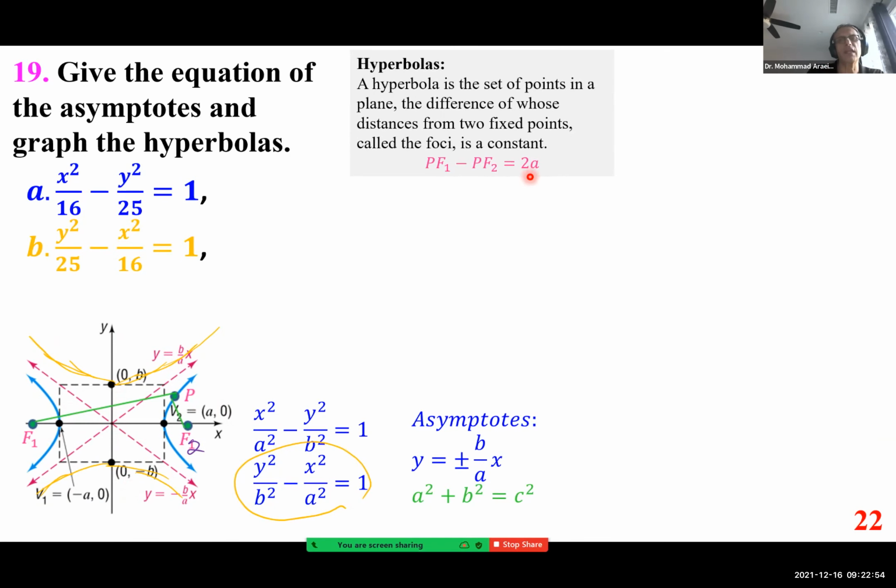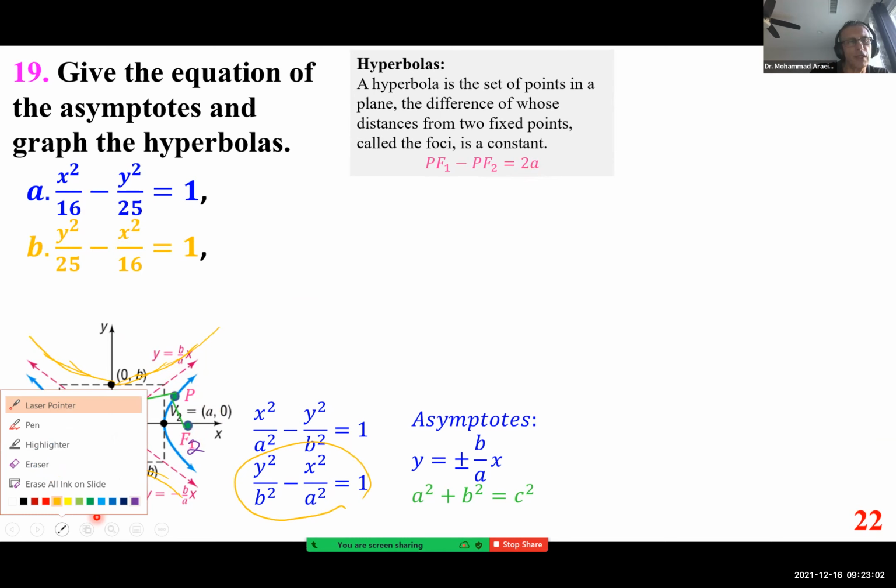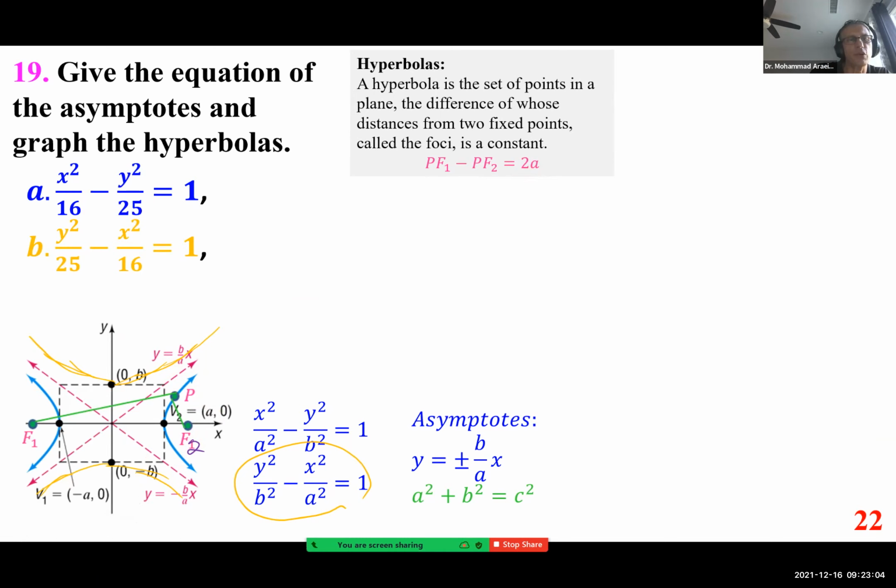And again, this is fixed at 2a because if this is true for any point, I can pick this point and connect them. Let me just actually pick another point just to make a point. If I pick, let's say, this point and connect those two, and I call this Q, then QF1 minus QF2 is fixed.